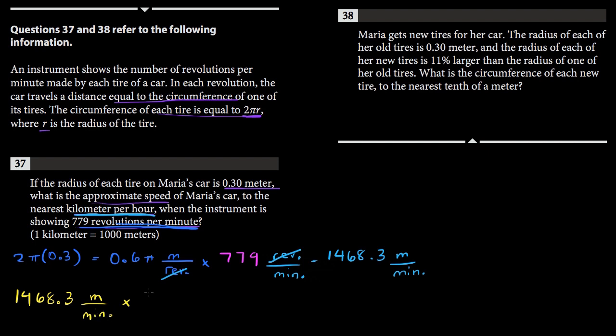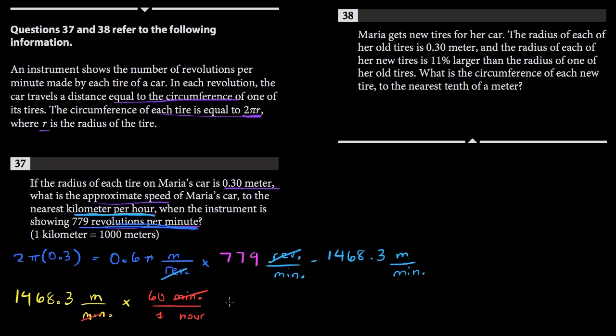So I'm going to keep 60 minutes on the numerator, and 60 minutes are in 1 hour, okay? Do you see how this works out? I can cancel out the minutes because here it's on the numerator and here it's on the denominator. Now if I just cancel these out, I have meters per hour, and we're halfway there.